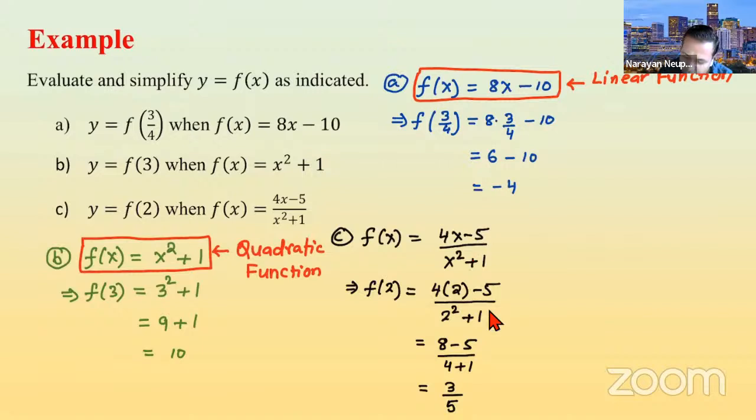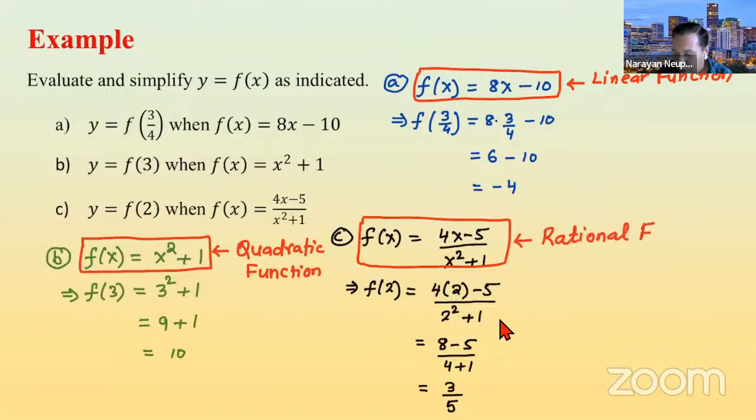It is a function involving an algebraic fraction. A function involving an algebraic fraction like this one is called a rational function. So there are different types of functions, and different names for the functions.